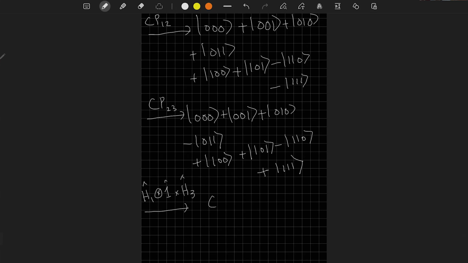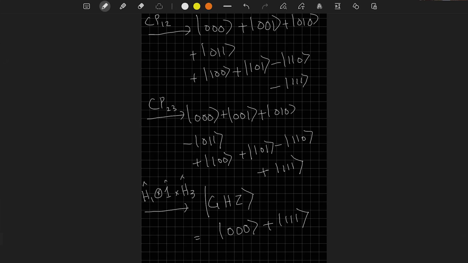I will get the GHZ state, which is 0,0,0 plus 1,1,1. So you need to work this out.